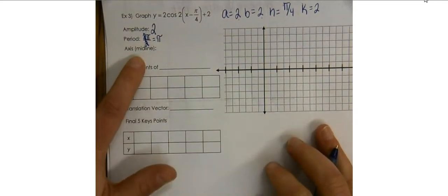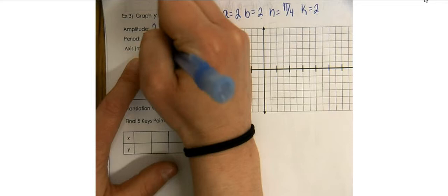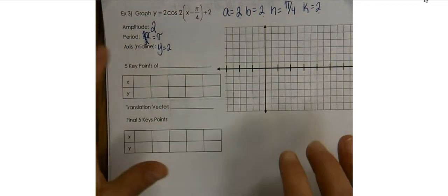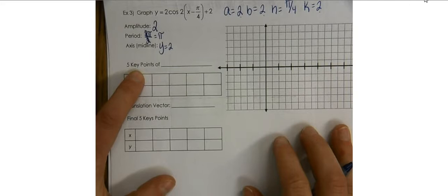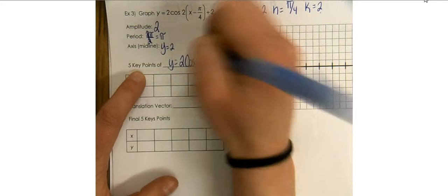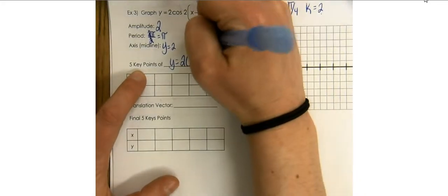The midline is y equals k, so I'm going to write y equals 2, and I get that value from the k value. Then I'm going to write the key points of y equals 2 times the cosine of 2 times x. I rewrote the original equation without h and k.